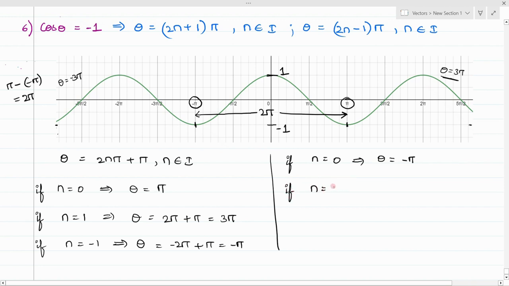If n is equal to 1, theta is 2 pi minus pi, which is nothing but pi. This is also a solution. If n is equal to minus 1, theta is minus 2 pi minus pi, which is nothing but minus 3 pi. I already told you that. So both the solutions give the same answers. If you take anything from these two, you will get the same final answers.